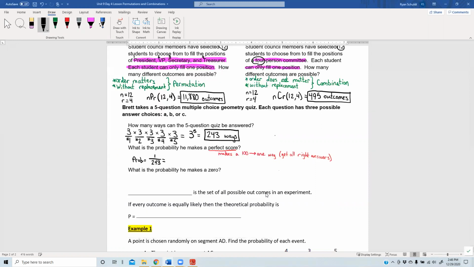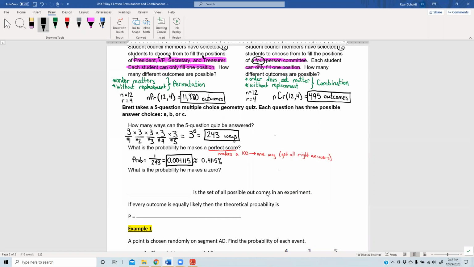Let's just write the whole thing. 0.004115, which as a percent, and you don't have to put this, but you can, 0.4115%. This is the main one I'm looking for right here. And that's the probability he makes 100. If he just guesses randomly, he didn't study, boom. That's the probability he makes 100.